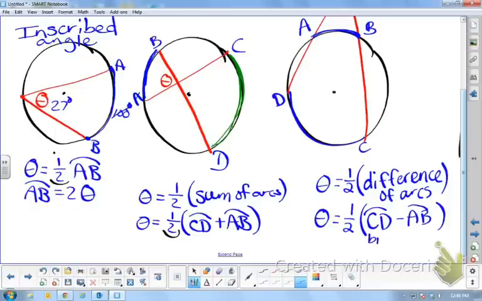Or sometimes I write big minus small, just so I remember, hey, I should start with the big arc minus the small arc. So those three angle formulas are what we're going to use to find different angles with these situations of having lines crossed inside or outside a circle.